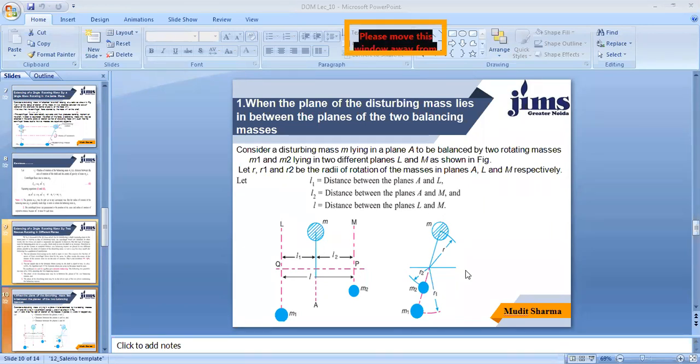The net force acting on the shaft must be equal to 0, therefore the centrifugal force on the disturbing mass must equal the sum of the centrifugal forces. So Fc equals Fc1 plus Fc2, where Fc is mr omega square, Fc1 is m1 r1 omega square, and Fc2 is m2 r2 omega square.